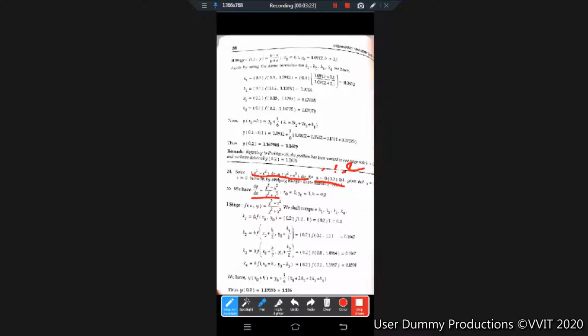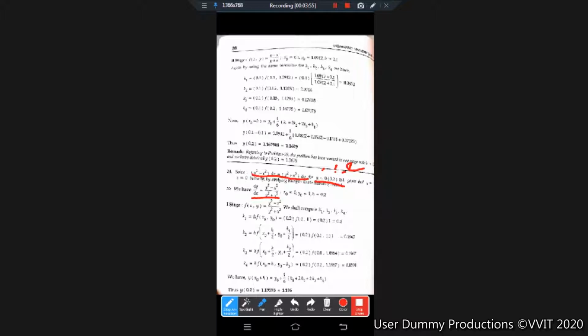This notation is very important; that's why I picked this question. So x is 0 in the initial stage, 0.2 in the first stage, and 0.4 in the second stage. This is the same as the stage problem, but it is a different way of giving you the question, to solve it in multiple stages. Usually 2 stages; we don't do more than that.